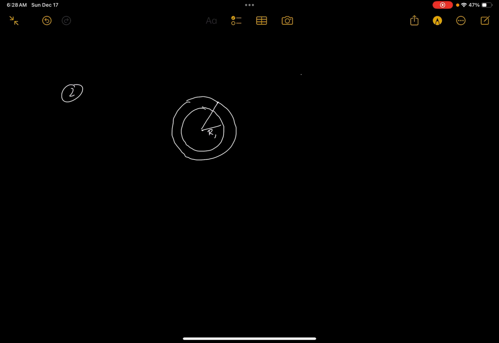R2 is the bigger circle, so R2 is bigger than R1. And again, I'm going to extend this one over here. It says the angle is 60 degrees, so theta is 60 degrees, which is pi over 3.